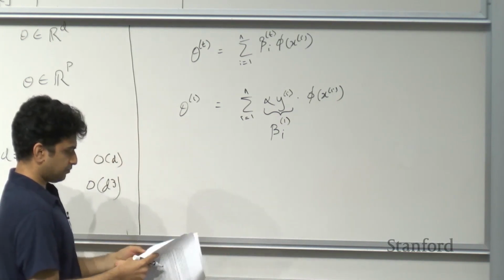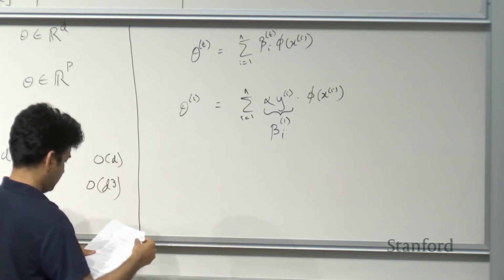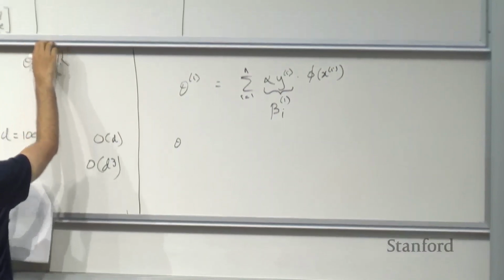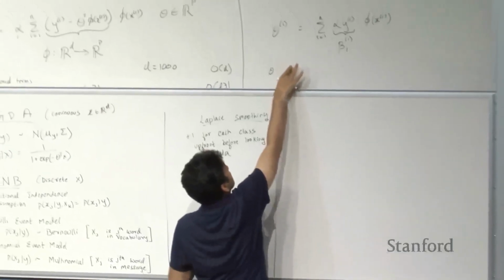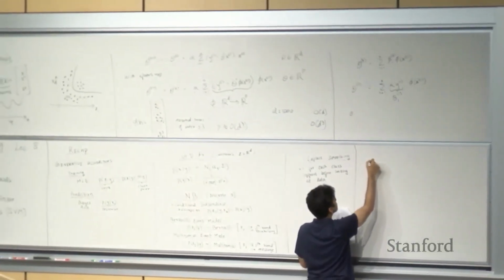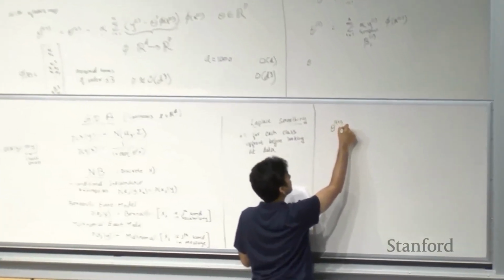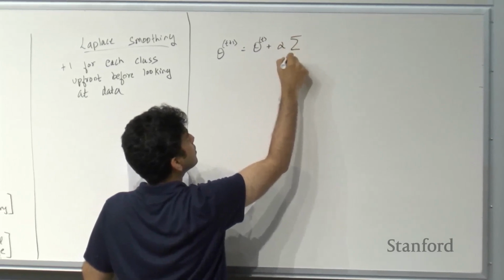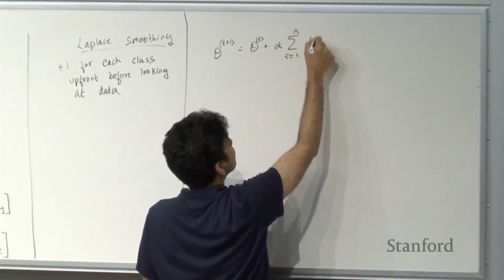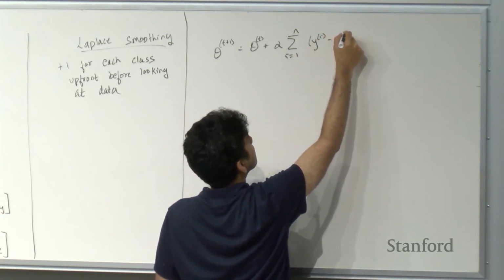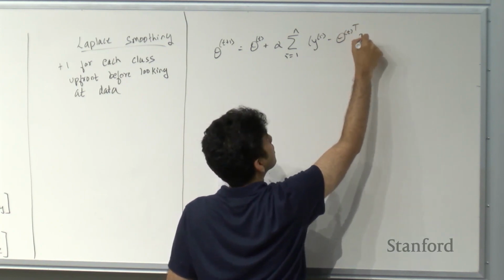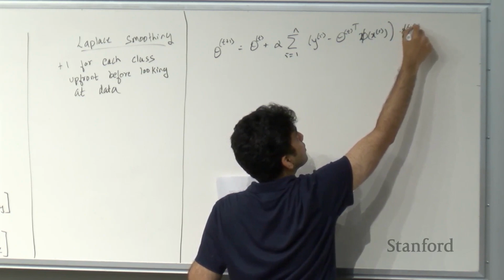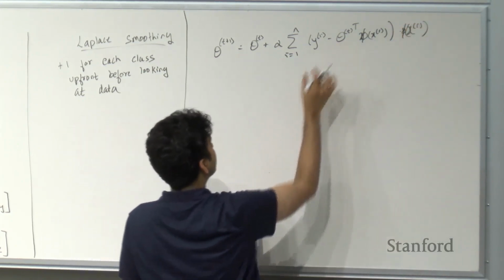For example, we can show by induction that, let me start on a fresh board, theta t plus 1 equals theta t plus alpha times the sum from i equals 1 to n of yi minus theta t transpose phi of xi, times phi of xi, and we can just expand this.